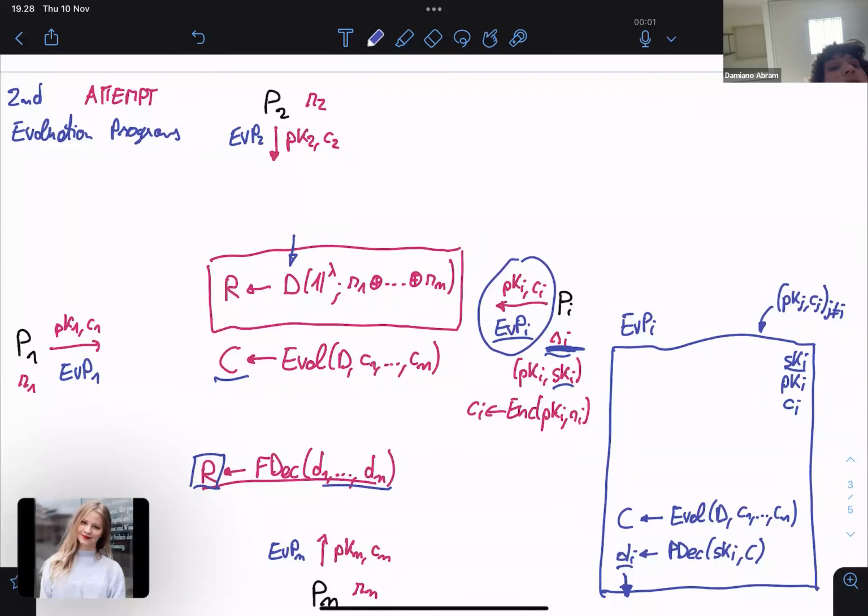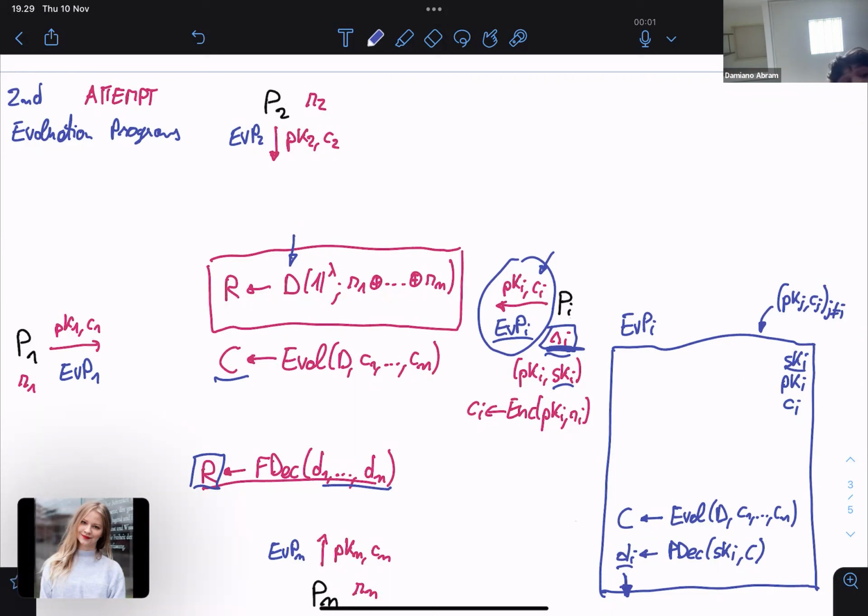The second issue is subtler, and actually it's not completely an issue, it's just something that we don't really like. The security of the protocol would rely on the fact that Ri remains secret as long as PI is honest. But in the protocol, we send an encryption CI of Ri. So in the security proof, we need to rely on semantic security.